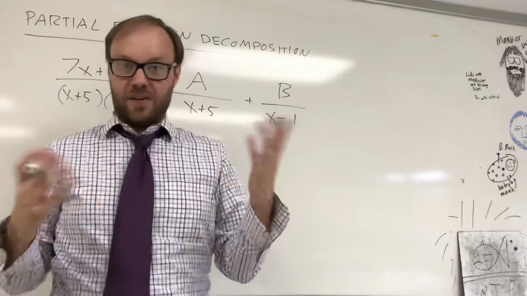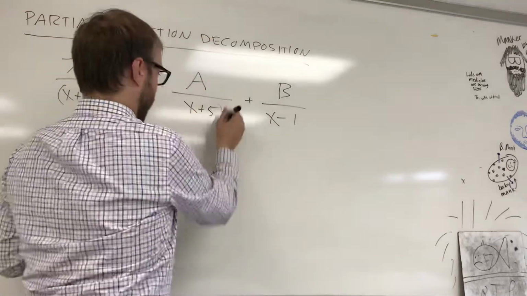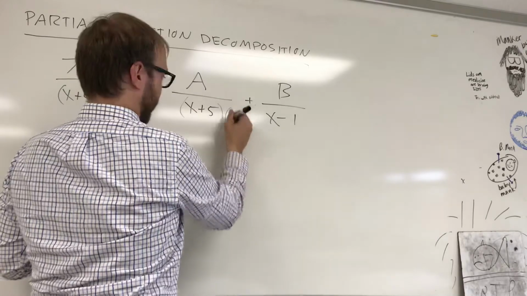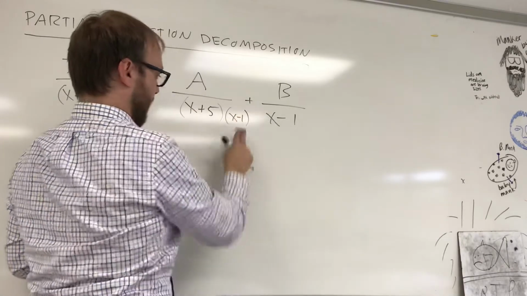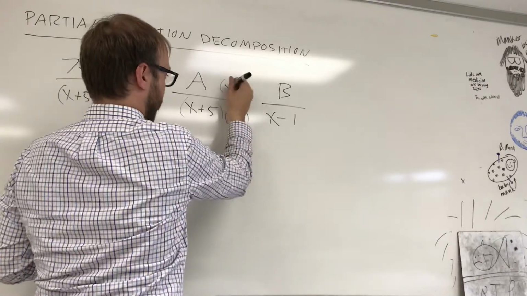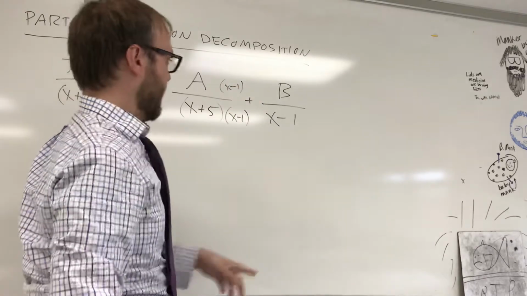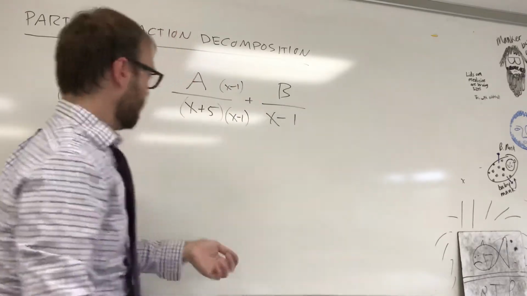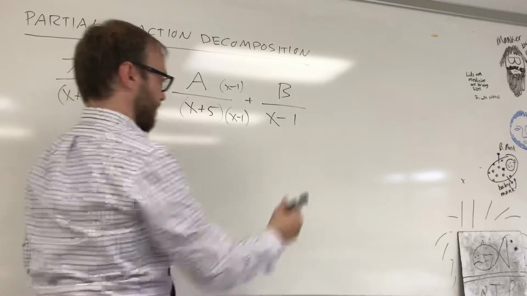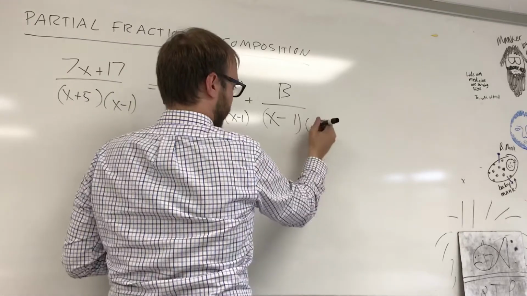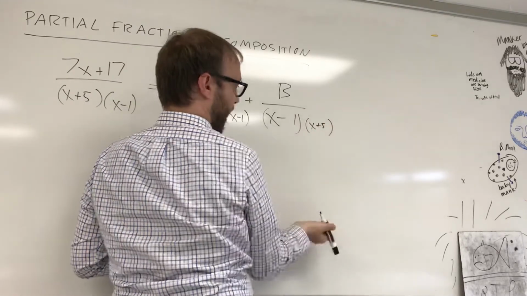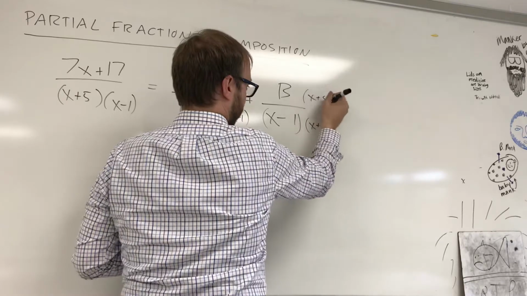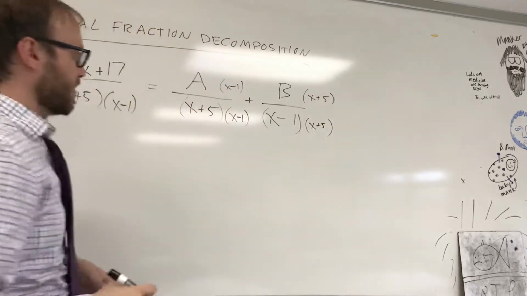This denominator would need an x minus 1, so I would also multiply the top by x minus 1. To get a common denominator over here, I would need a term of x plus 5, so I would multiply this denominator by x plus 5, and because it's a fraction, I would also multiply the numerator by x plus 5.